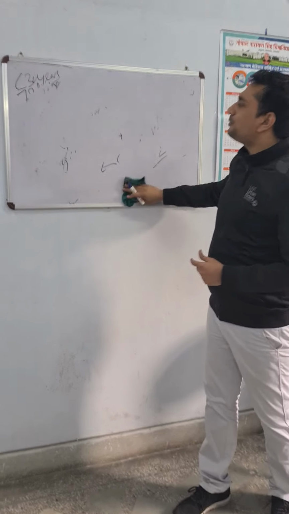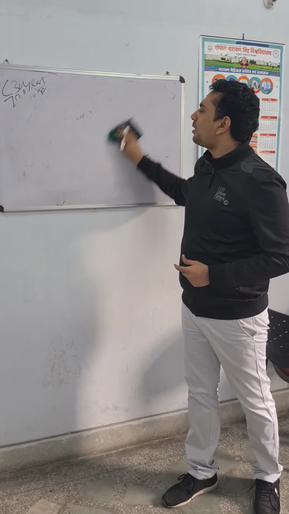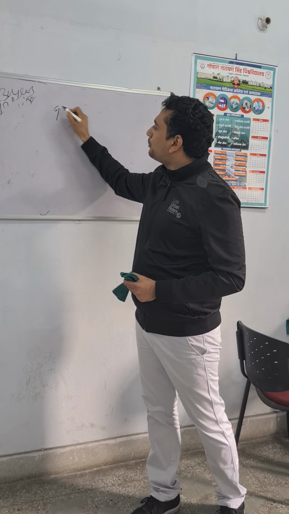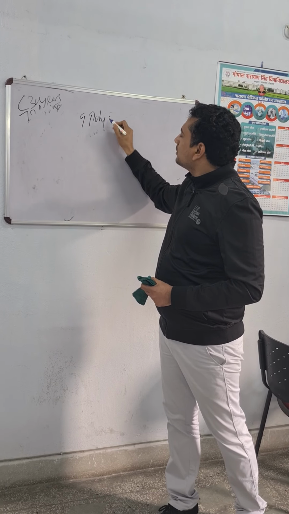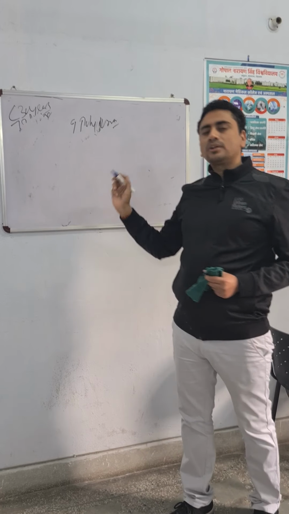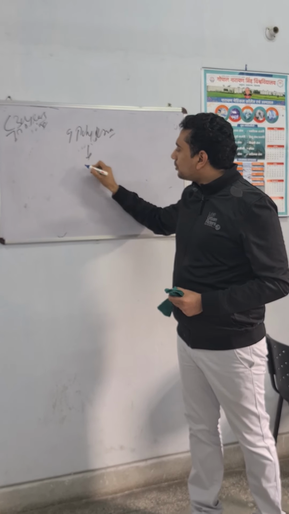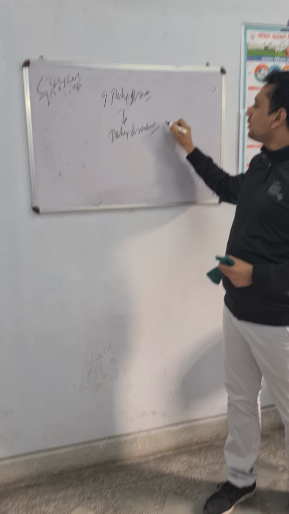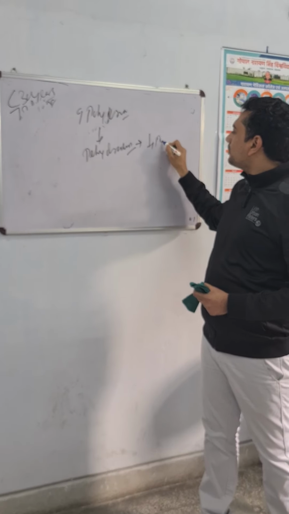Why is there polydipsia? Since there is excess water loss through urine, obviously your plasma volume will decrease due to polyuria, that is, increased loss of water in urine. So there will be dehydration due to decreased plasma volume.